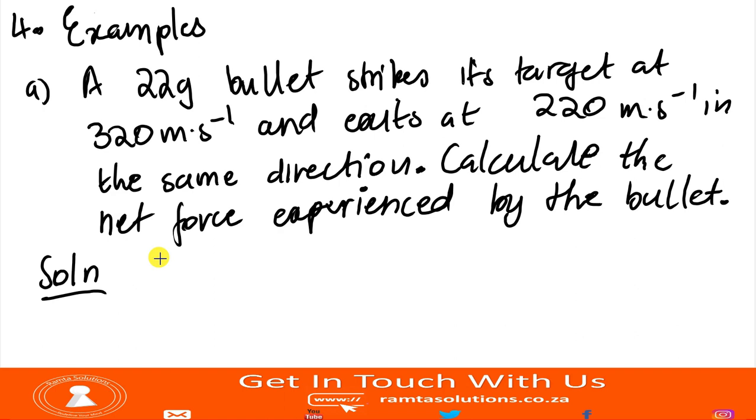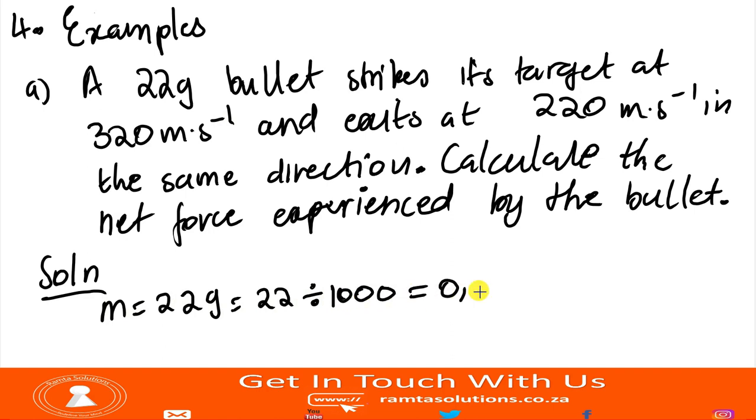Our mass is 22 grams. So 22 grams converted to kilograms, we can divide it by 1,000. This will be 0.022 kilograms, right?